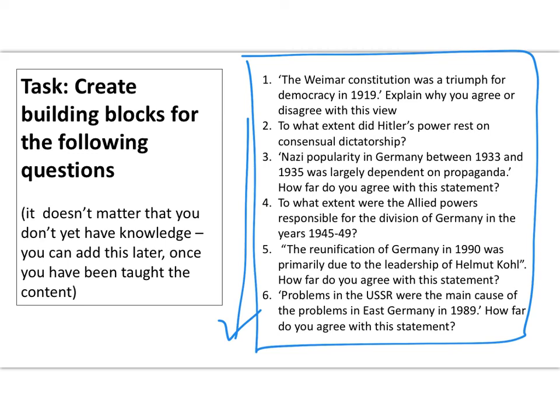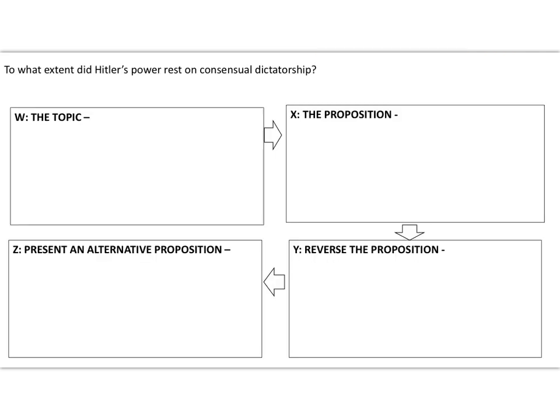So what I've done here, and you can basically print them off on the slide, is I've prepared the sheets, so the questions at the top, and you've got your 4 boxes, and you can look at the question and basically do it. Okay, so there's that first one. To what extent did Hitler's power rest on consensual dictatorship? Okay, so you can take the approach here.